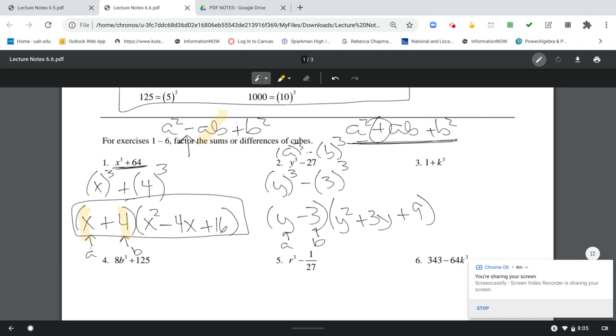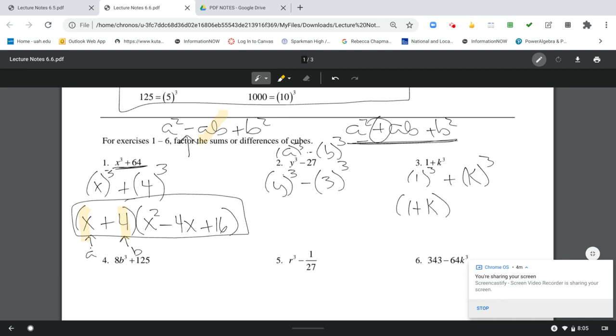For number 3, I have 1 cubed, first number in my list, plus k cubed. So that is going to give me the binomial factor of 1 plus k. Now, since I am doing a sum of cubes, this is the trinomial that goes back in.